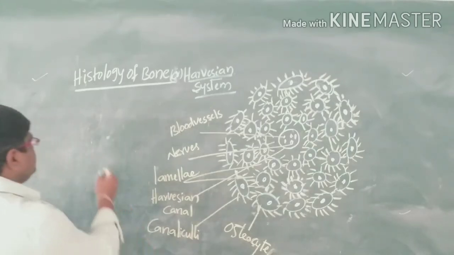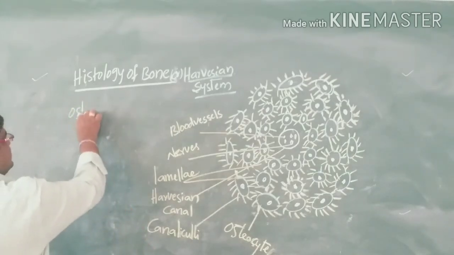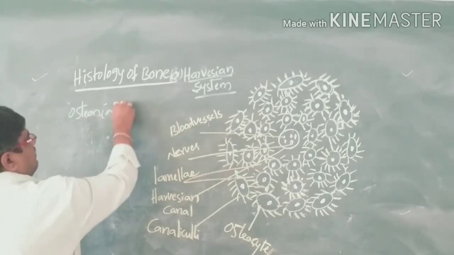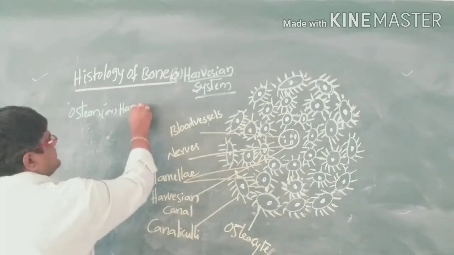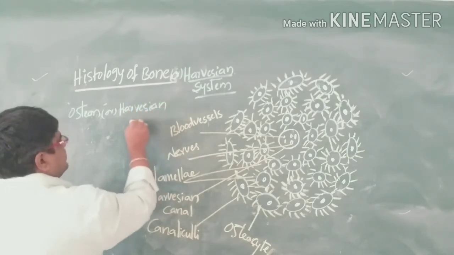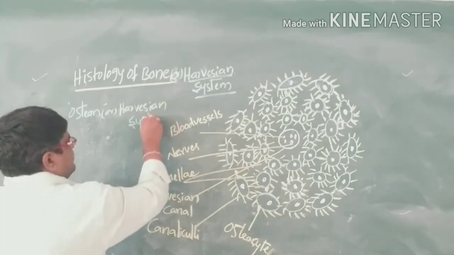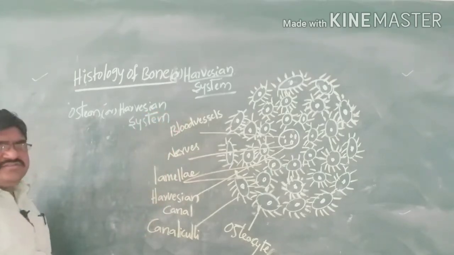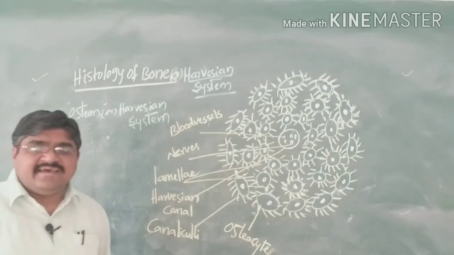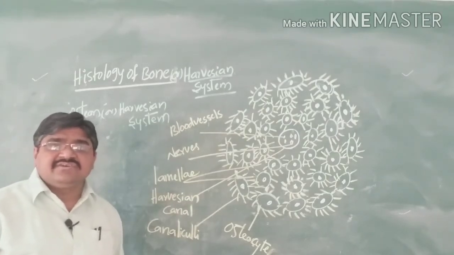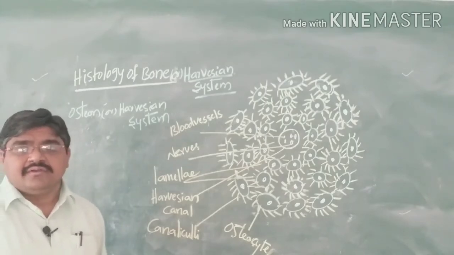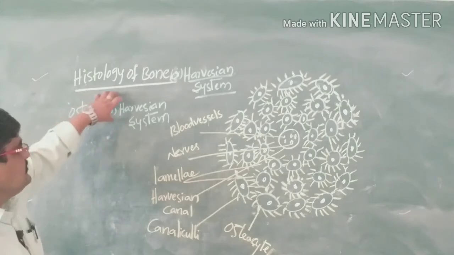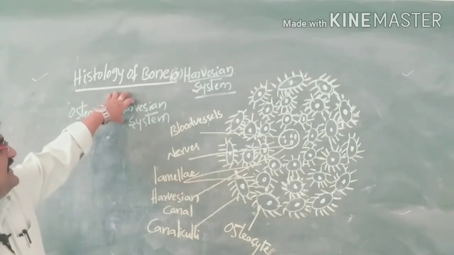Otherwise we can call it the osteon, or we can call that the Haversian system. So here the Haversian system is a structural and a functional unit of the bone.